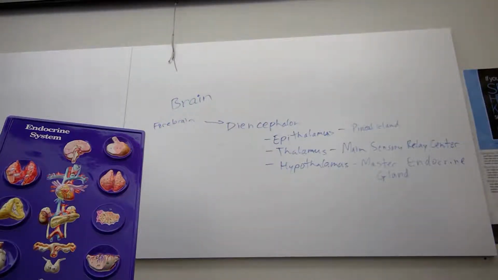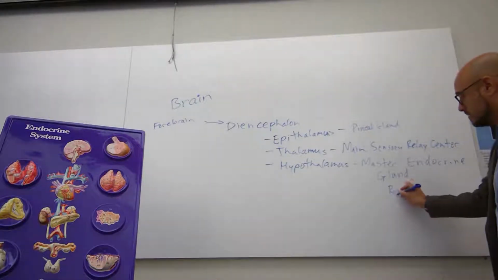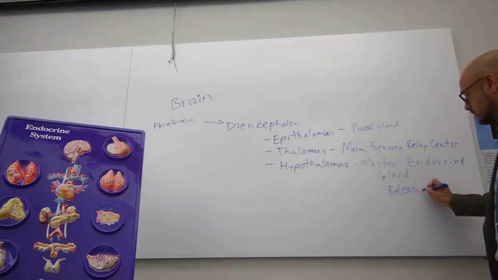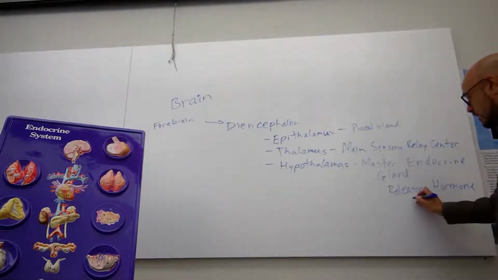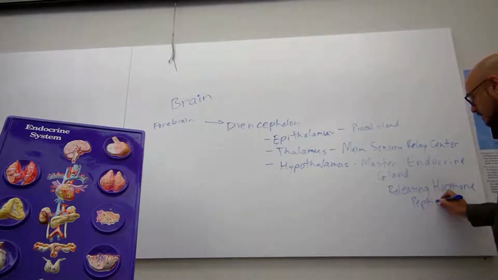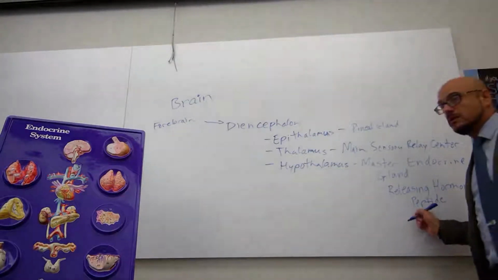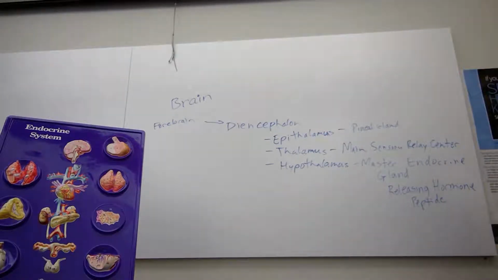The hypothalamus will tell the anterior pituitary when to release its hormones. So the hormones that the hypothalamus makes are the releasing hormones. Those releasing hormones are peptide hormones, meaning that they're more than just one amino acid.